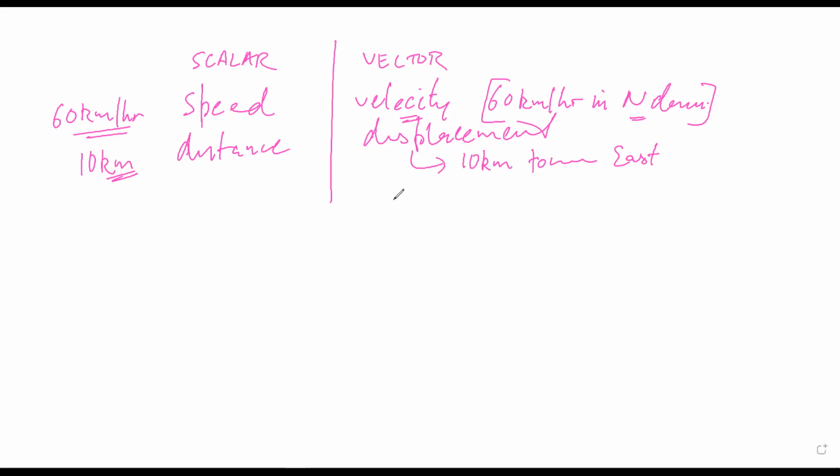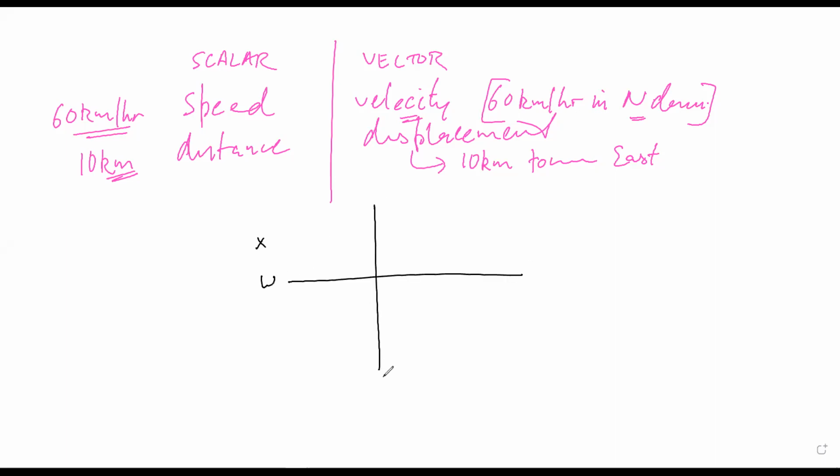Have you understood? Yes. Now, this becomes very important. Let me give you a very funny example. This will result in very funny situations. Let me define the directions first.